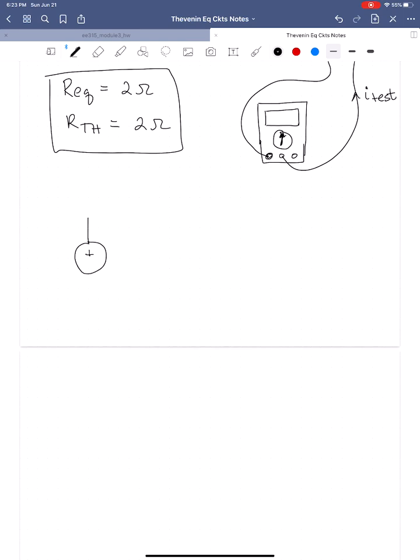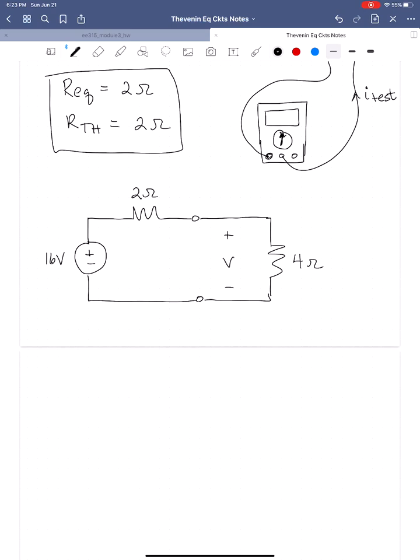It consists of that 16 volt Thévenin equivalent voltage source and our 2 ohm Thévenin equivalent resistor. We're going to reconnect that 4 ohm load, and we're going to solve for the voltage drop across that load with that polarity VO.